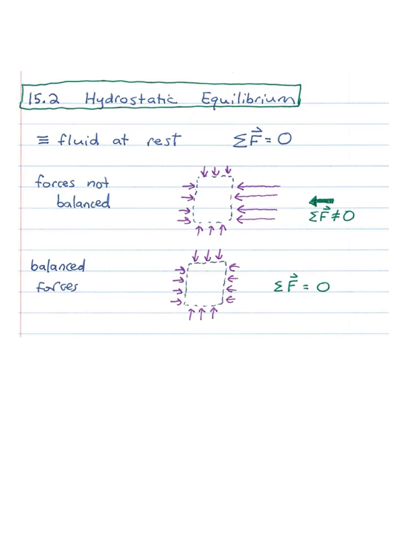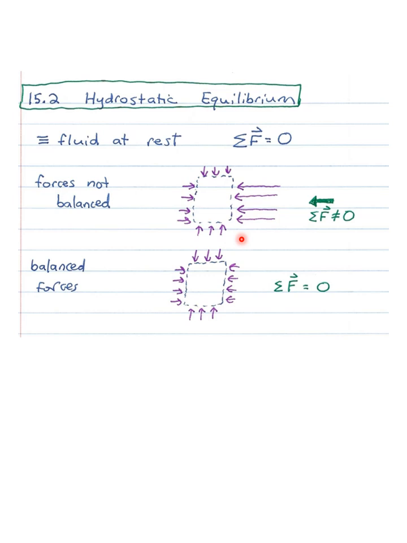So hydrostatic equilibrium is defined as the case in which the fluid is at rest, so the net forces add up to zero throughout the fluid. In this picture at the top, imagine that this is inside a large mass of fluid, and we take this dotted line. This is a chunk of the fluid inside.